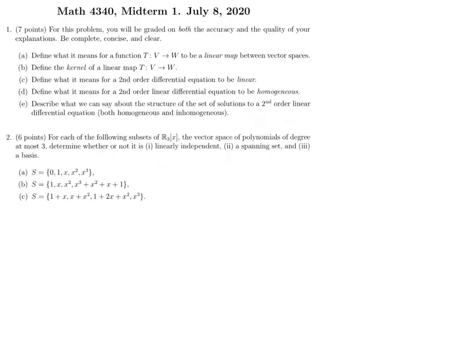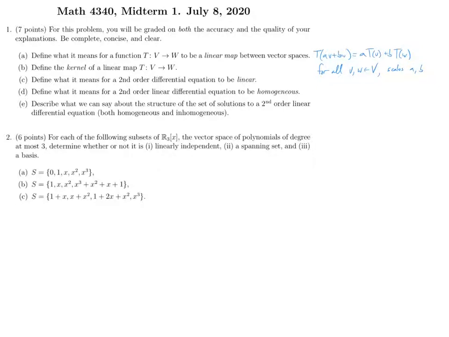So probably the easiest way to do that is to say that T(av + bw) = aT(v) + bT(w), and this is for all vectors v and w in V, and scalars a and b. Now this is not the only way you could do it.